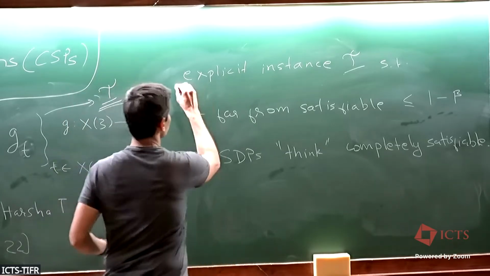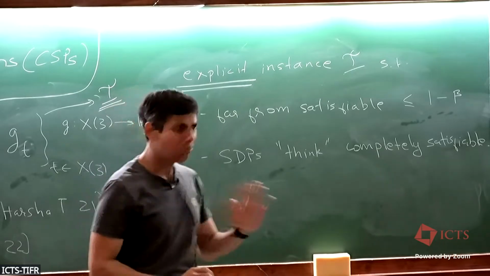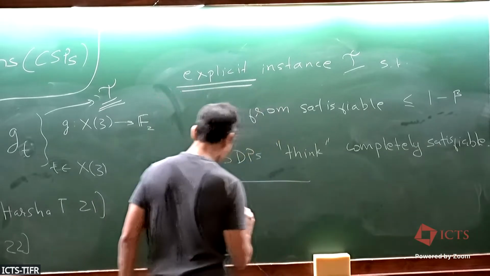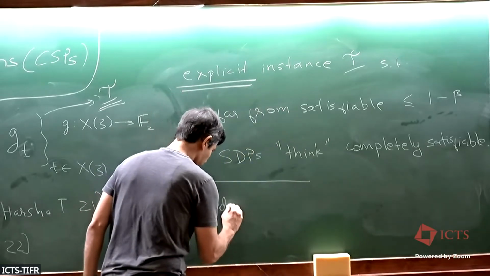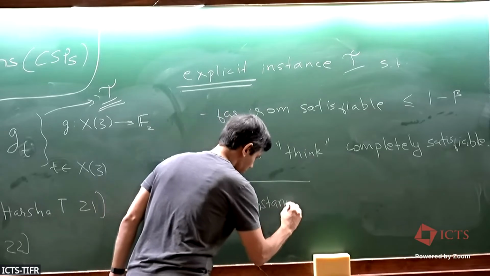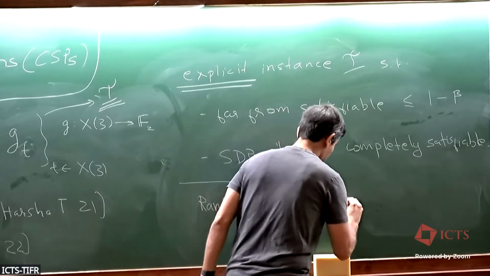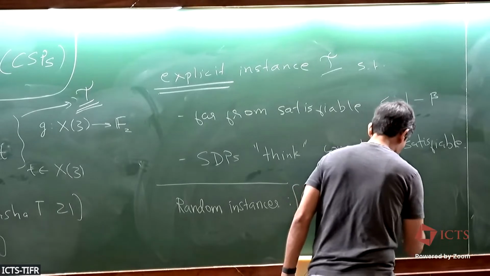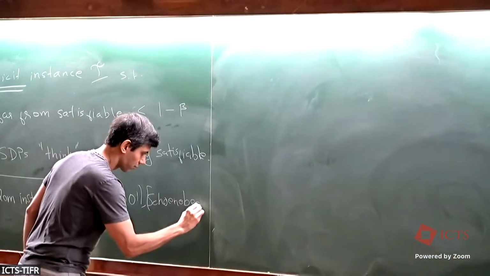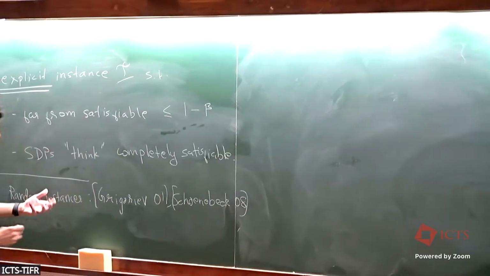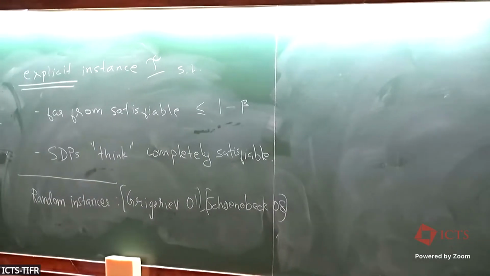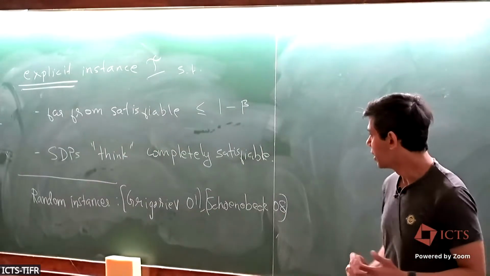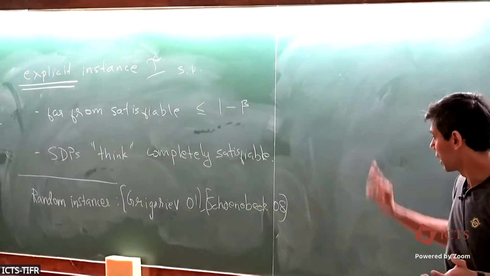And the point here is these explicit instances. Otherwise, this problem was well known or understood. For random instances, there is a result of Grigoriev from 2001 and an independent result of Schoenebeck from 2008, which show that if you just pick constraints at random and then pick the right-hand sides at random, with high probability, this is going to be an instance which semi-definite programs, or whatever class of algorithms, cannot solve.